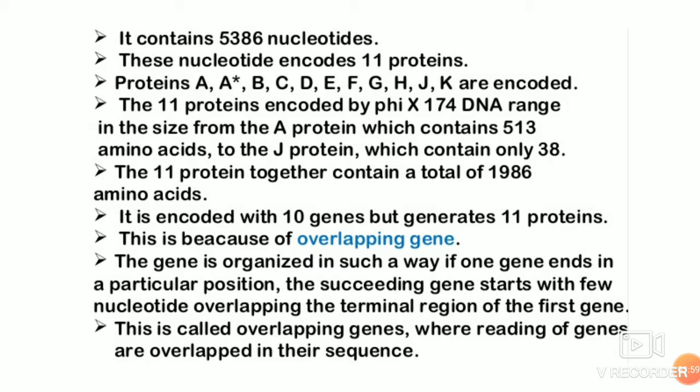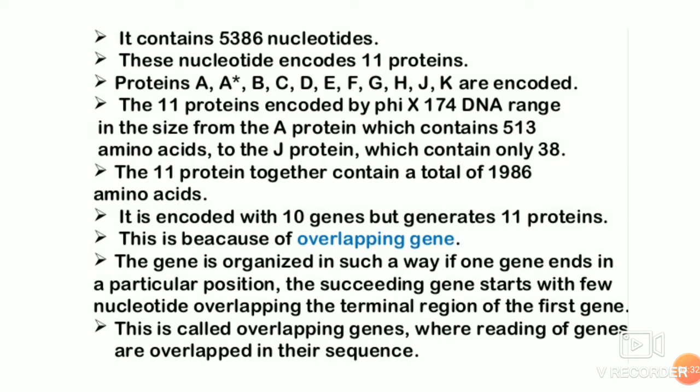The 11 proteins encoded by φX174 DNA range in size from A protein, which consists of 513 amino acids, to J protein, which is only 38 amino acids. You remember from the last slide that J protein is important for condensation of the nucleic acid inside the capsid. The 11 proteins altogether contain a total of 1986 amino acids.